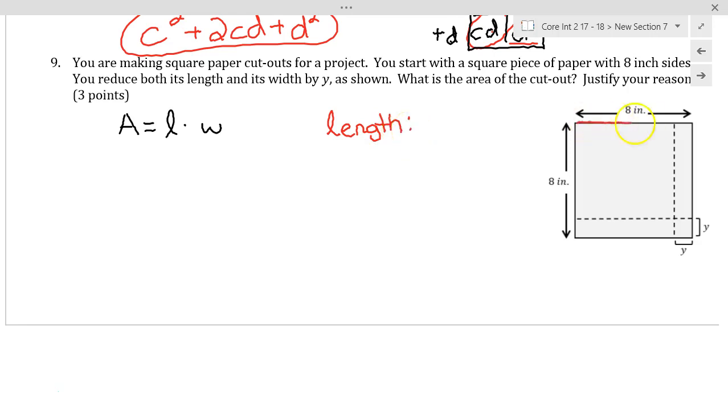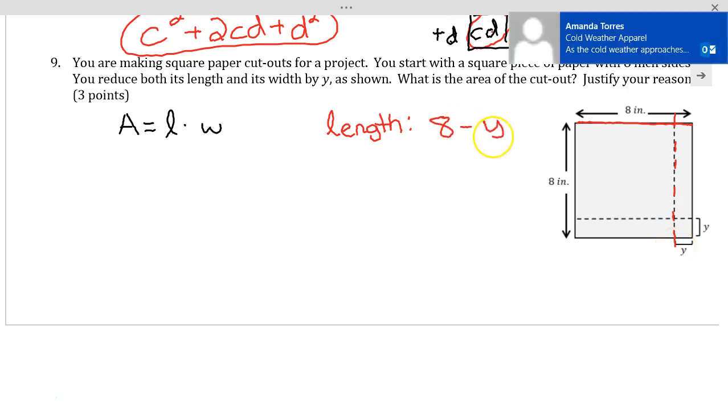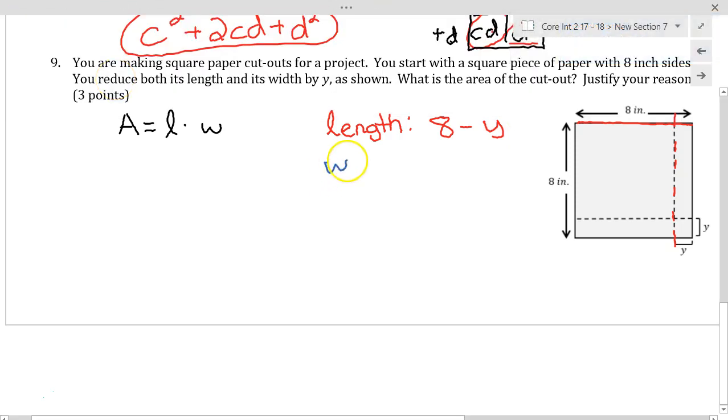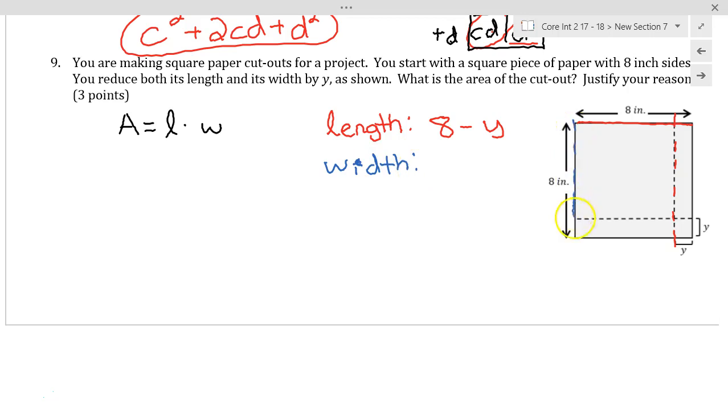Well, my original length was 8, but I took away y. So my length is 8 minus y. My width, well, I started with 8, but I took away y. So my width is 8 minus y.